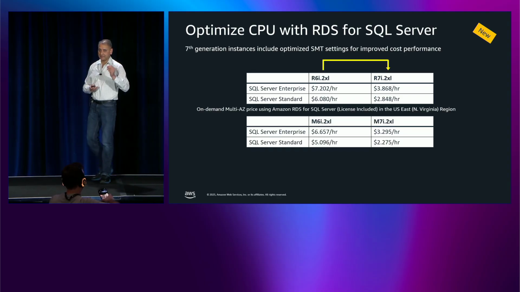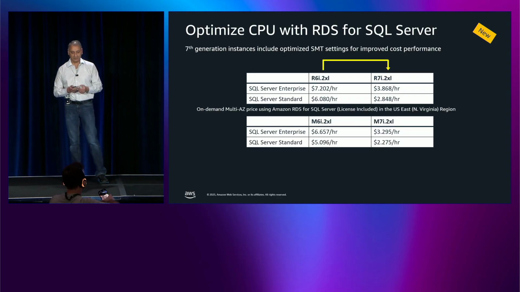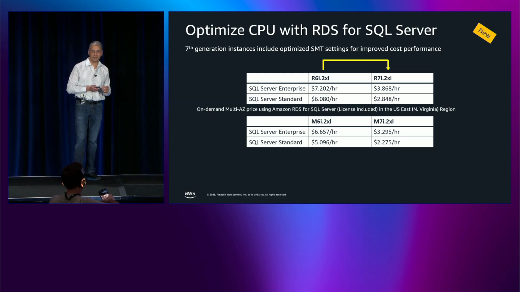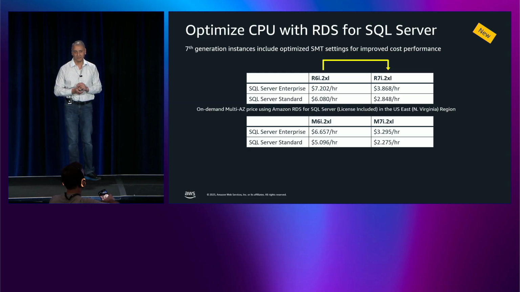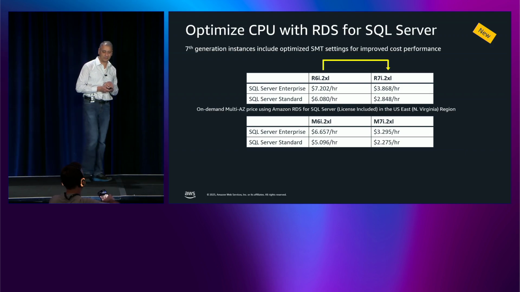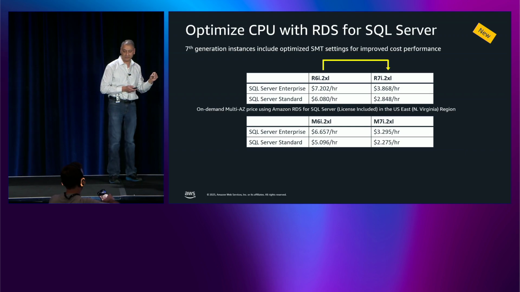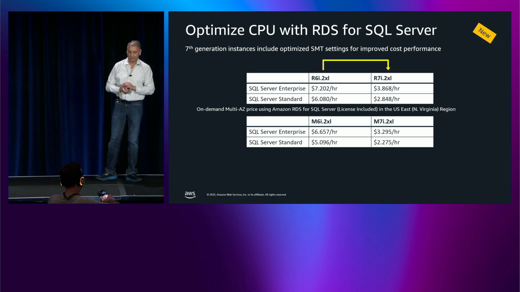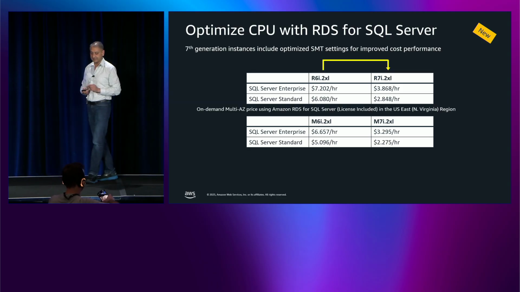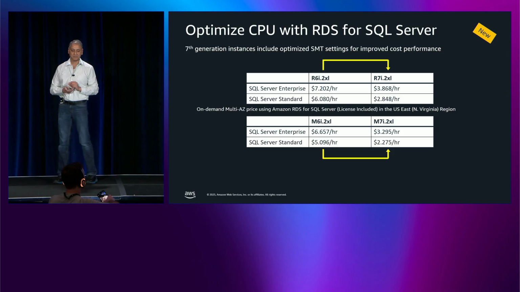This was just an R6 example. If I take an M6 instance and upgrade that to M7, again I'm taking an M6 2XL and upgrading to M7 2XL. I have the same number of physical CPU cores, and my price goes for enterprise from 6.657 to 3.295. For standard goes from 5.096 to 2.275.